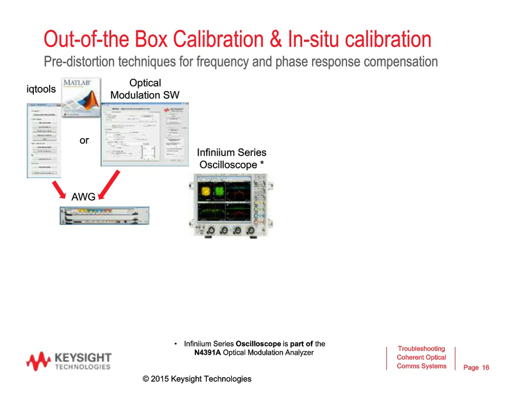You can use them to generate a very high amount of different modulation schemes. Both softwares talk to the arbitrary waveform generator, and they can be used to download signals into the arbitrary waveform generator. And also, we would use an Infiniium series oscilloscope from Keysight as well, which is part of our optical modulation analyzer.